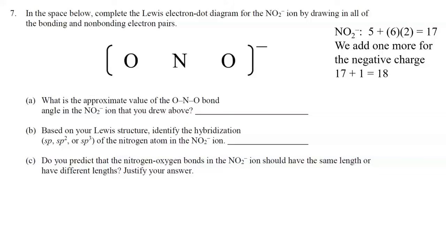First, let's connect the atoms with single bonds. So I've used up 4 electrons in drawing 2 single bonds. And now let's satisfy the octets of the terminal atoms and see how many electrons we have. So this would be 4 right now. 6, 8, 10, 12, 14, 16, 18.